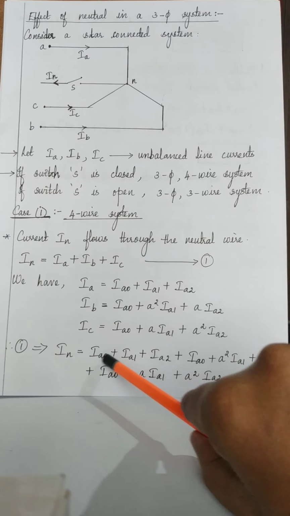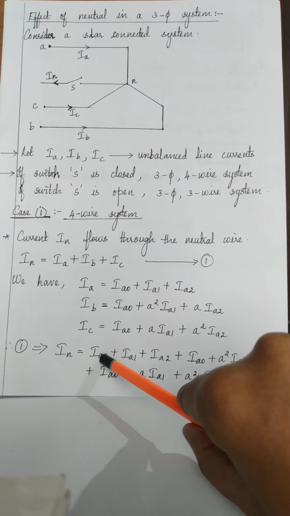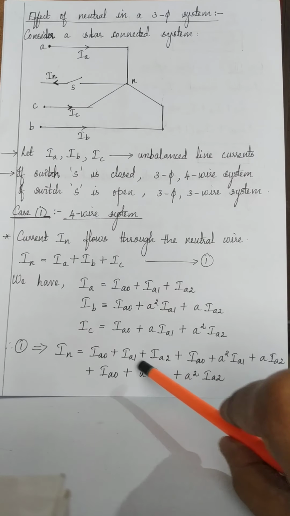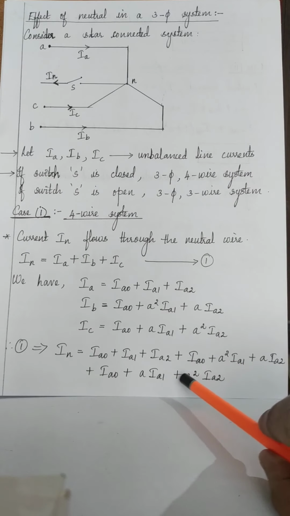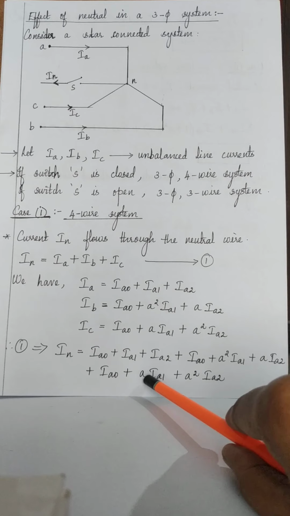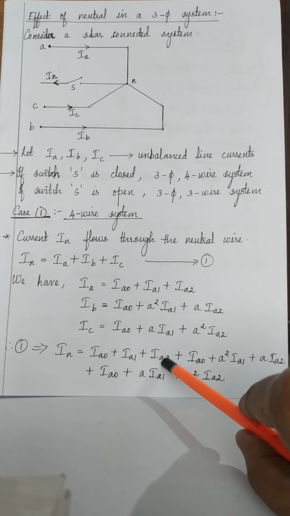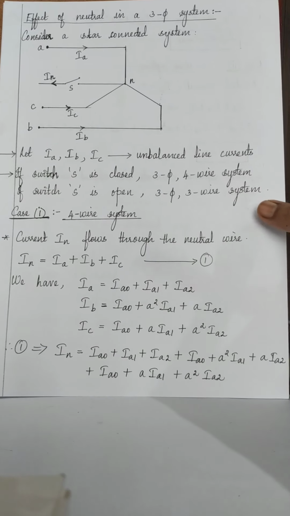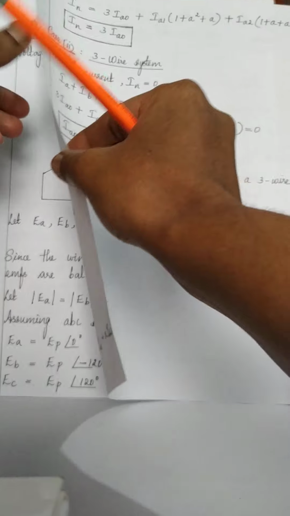When you add everything and group the terms, we get 3 IA0 plus IA1 into (1 plus A square plus A). We know 1 plus A square plus A is equal to 0. Similarly, group the IA2 terms: IA2 into (1 plus A square plus A), which is also equal to 0.